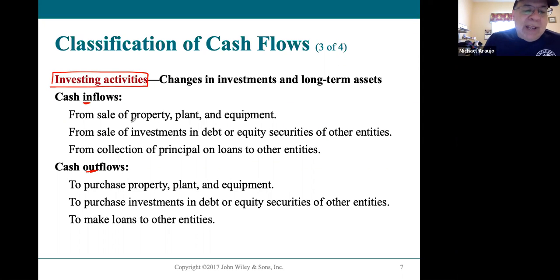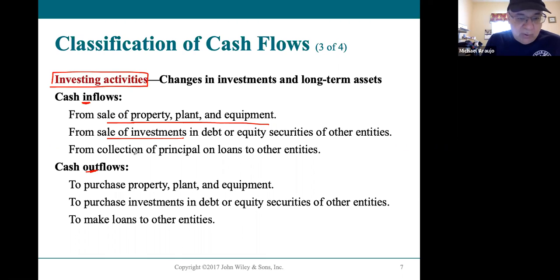Well, again, if they sell any of their assets, particularly the long-term assets, property, plant, and equipment, they sell a building, they sell a piece of land, they'll be getting money in from the sale of that. So that's a cash flow inflow from the sale of that type of property. If they sell investments that they might own, then that cash is coming in from the sale of investments.